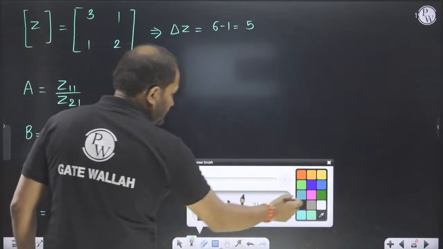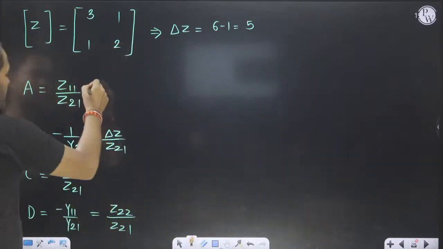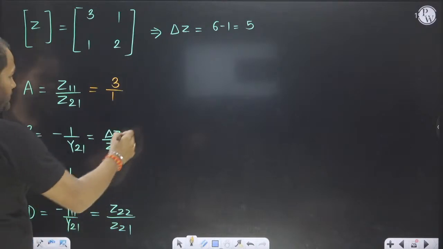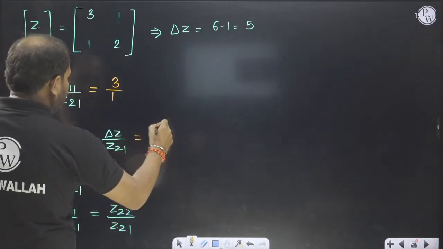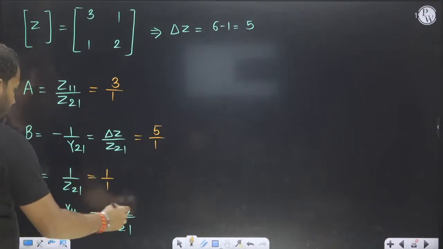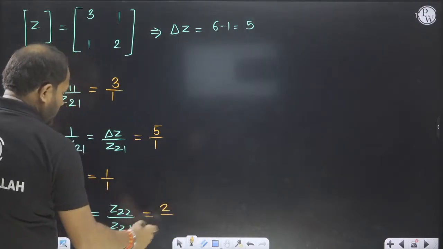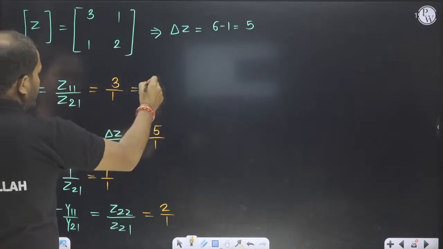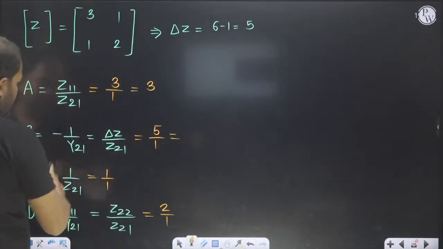Z11 is equal to 3, Z21 is equal to 1. Delta Z is 5, Z21 is 1. Z22 is 2, Z21 is 1. So this one is 3, unitless. This one is 5.